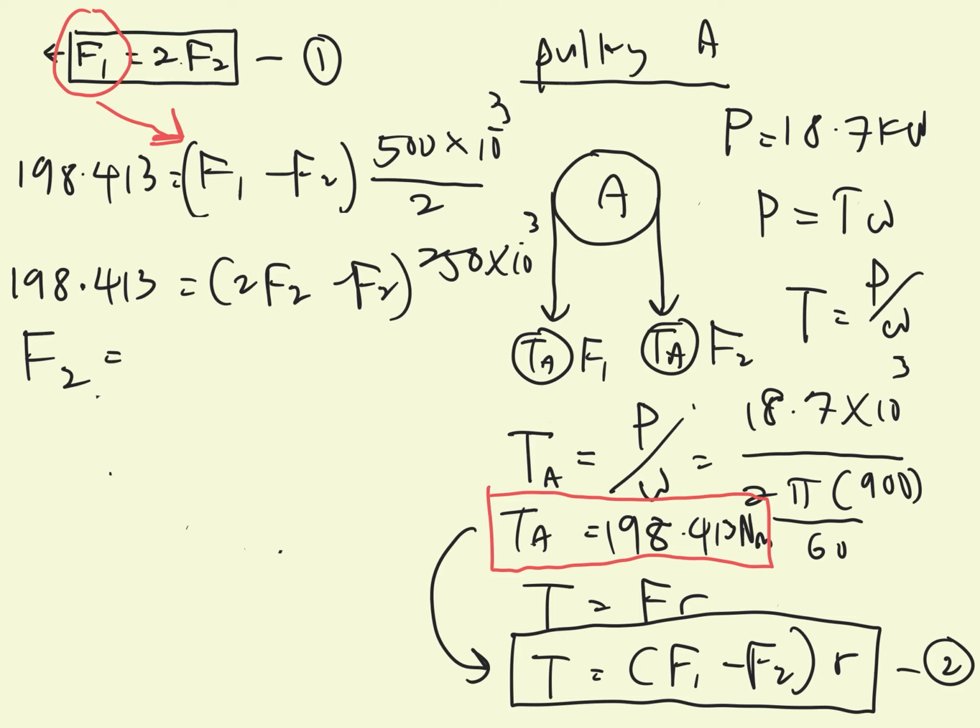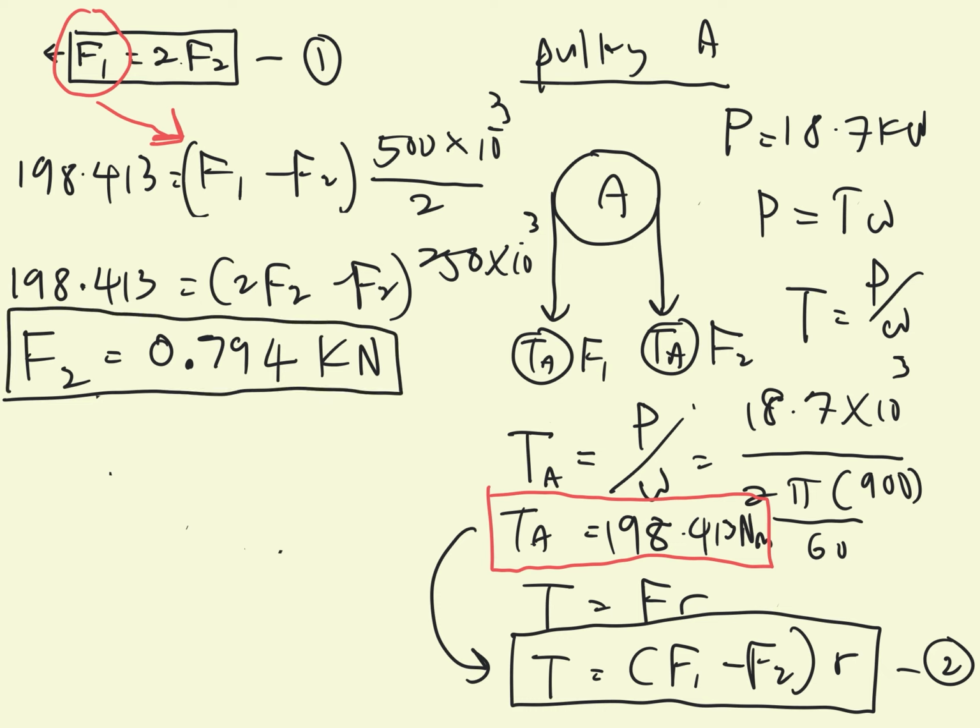So the value of F2 is around 0.794 kilonewton.